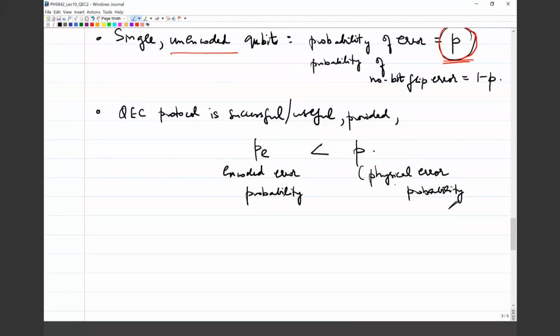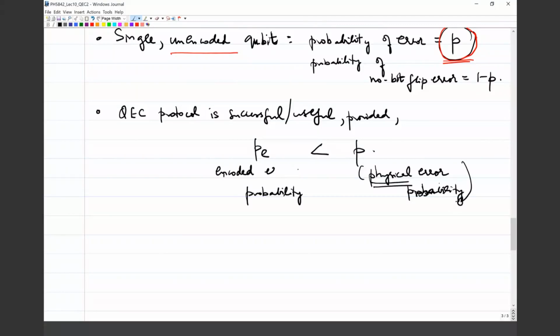Physical, because this is what the bare unencoded qubit is seeing. This is the extent of noise that the bare qubit is experiencing. And in some sense, this is the extent of noise that the encoded qubit is experiencing.